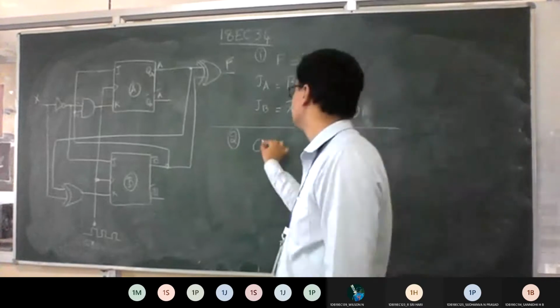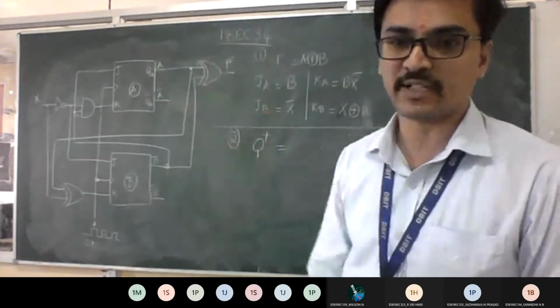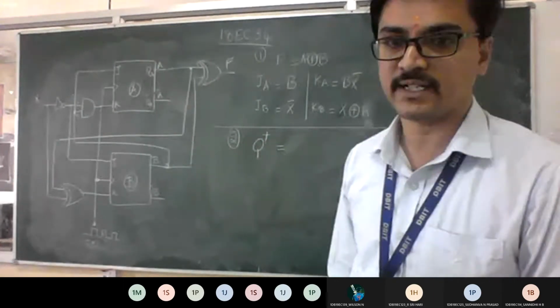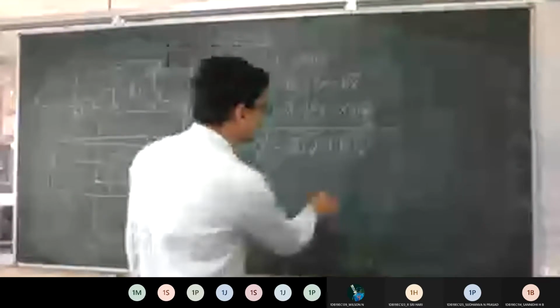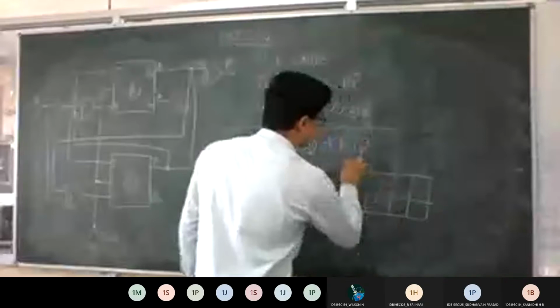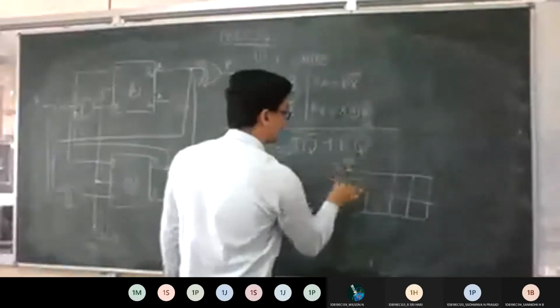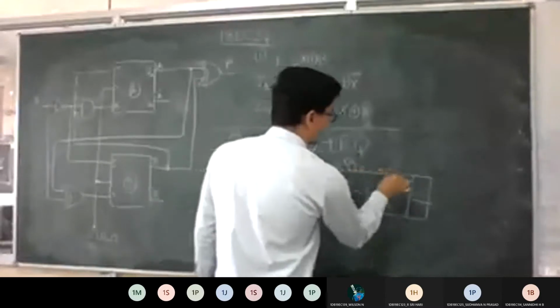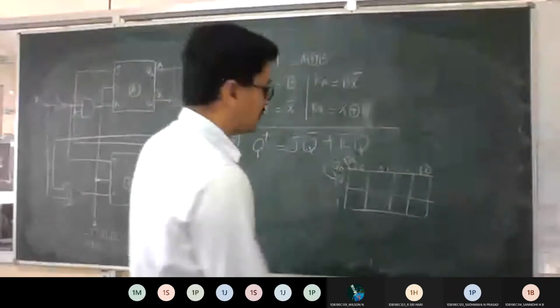What was the formula there? You need to put a K map for the transition table. You get Q plus equals J Q bar plus K bar Q. If you ask how we got this, it comes from the K map plot. From your transition table with Qn, J and K. You remember this transition table we just wrote in the other problem, right? So you're going to fill in the values.